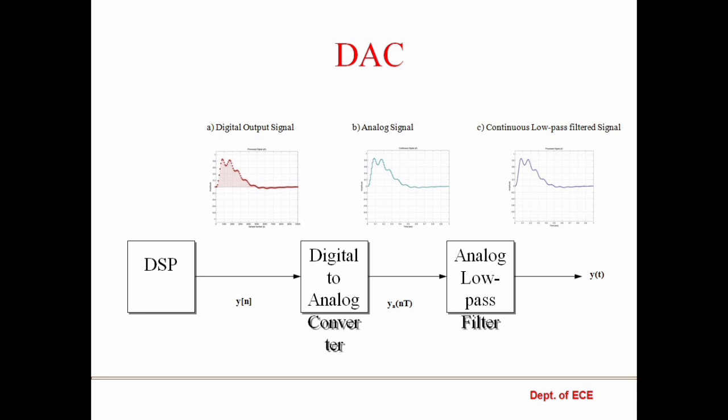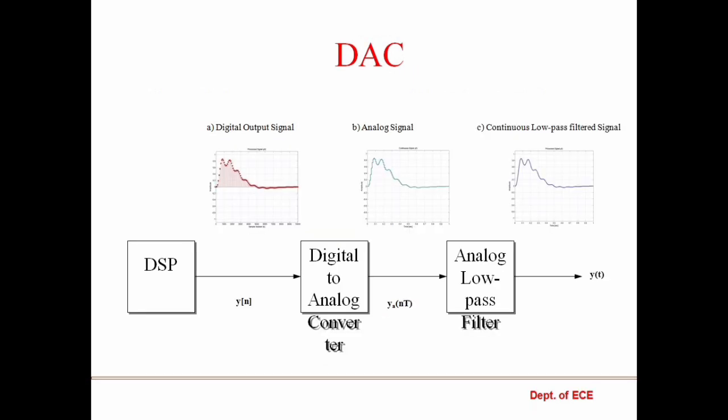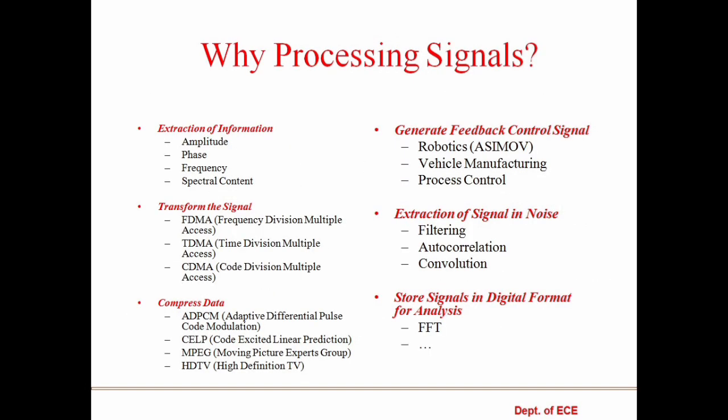Once again I am repeating, under digital signal processing there are two steps available. One is the ADC, the second one is the DAC, and the next one is about why we process signals. What is the reason we need to process the signal? Processing is nothing but studying the characteristics or extracting the information. The information may be amplitude, phase, frequency, or any spectral content.